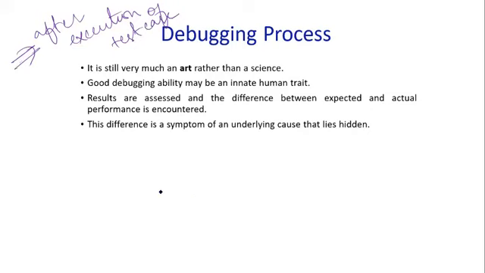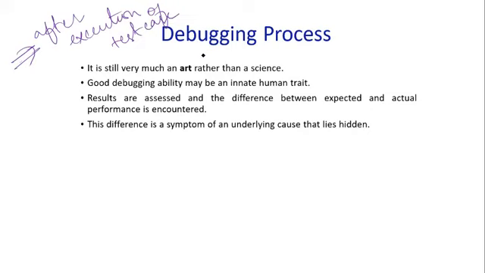This is because when you execute a test case, you get to know if there is any error or not. When you know there's an error, you begin the debugging process. Now, debugging is a consequence of successful testing. That is, when you've successfully done the testing, then you go to the debugging process.